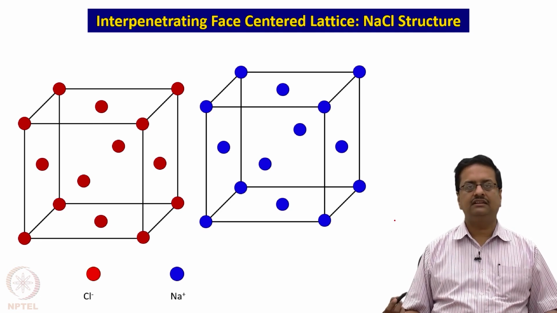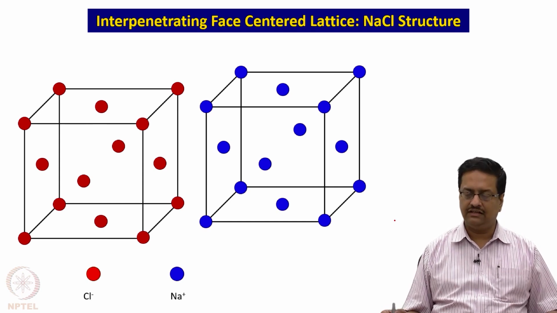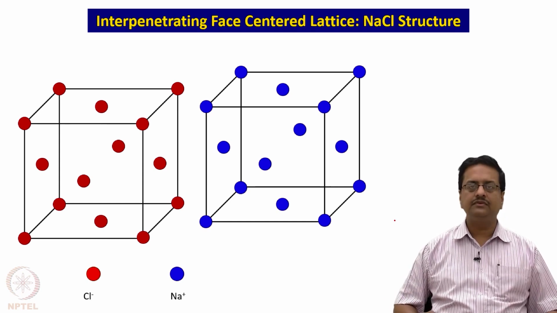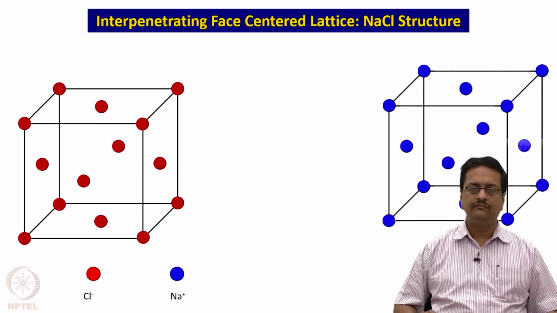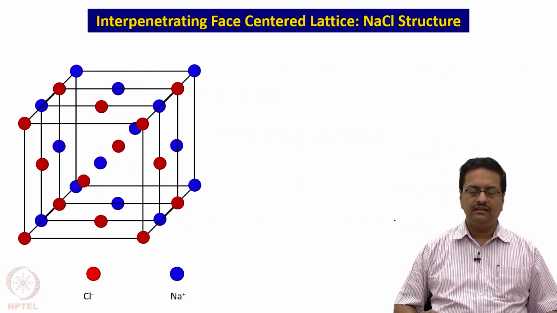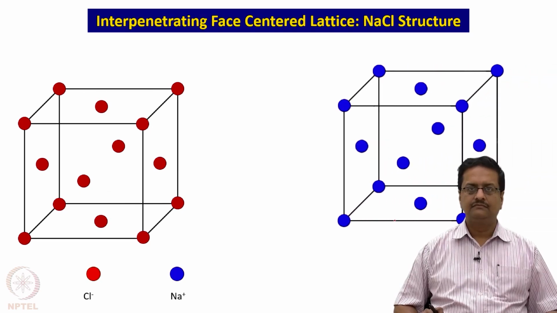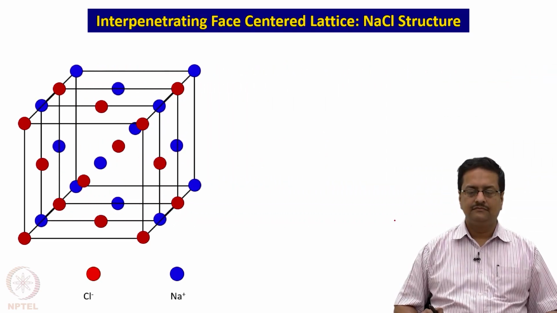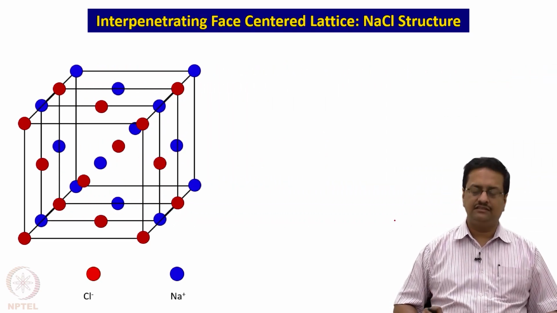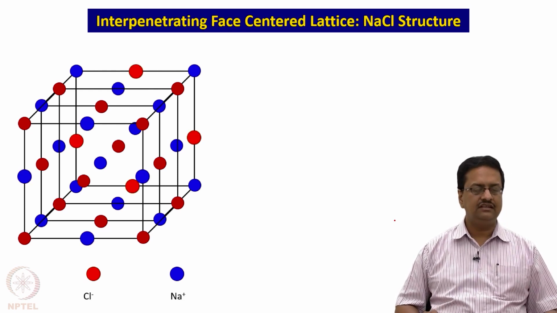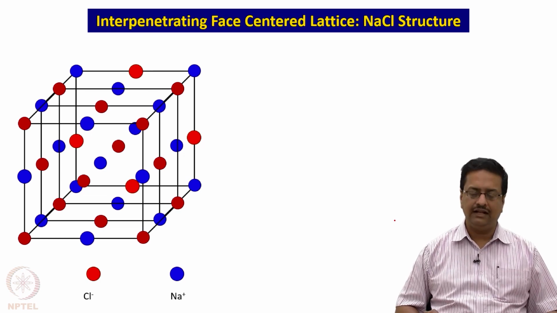Again, it is a face centered lattice with 8 corner atoms and 6 face centered atoms. Now, if we merge these two in this way, what you see is that the two face centered lattices are penetrated with each other. So, two face centered lattices, when they interpenetrate, we call it an interpenetrating face centered lattice.